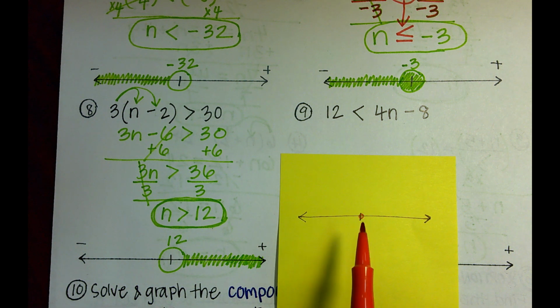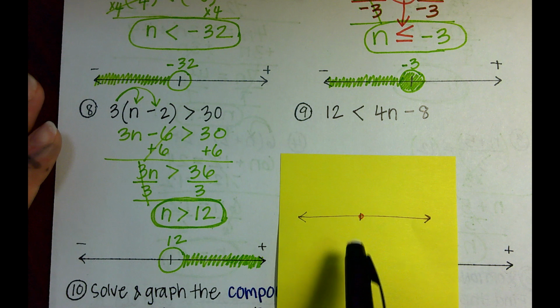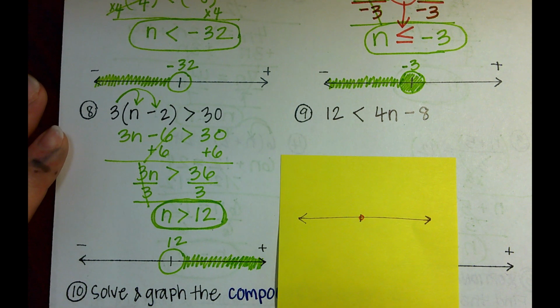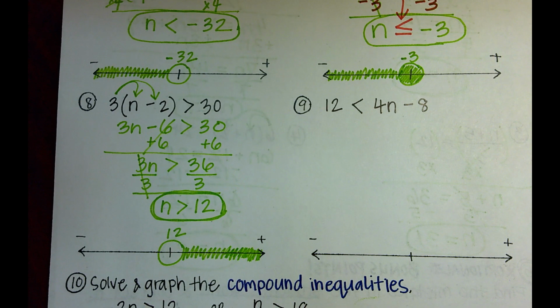Don't do that, okay? Make a confident error. You can make corrections if you make a mistake. It's not the end of the world. Make it obvious so that I know what your answer is. Okay. Any questions on number 8?